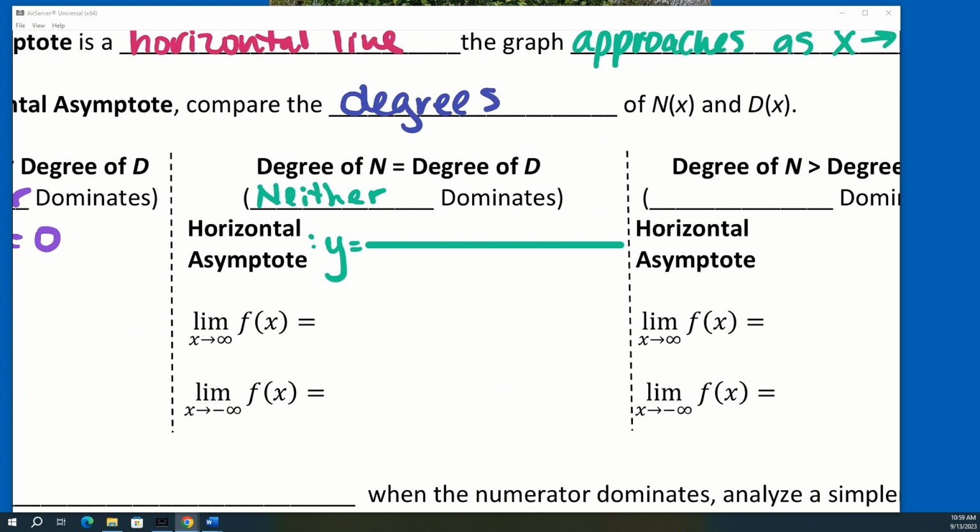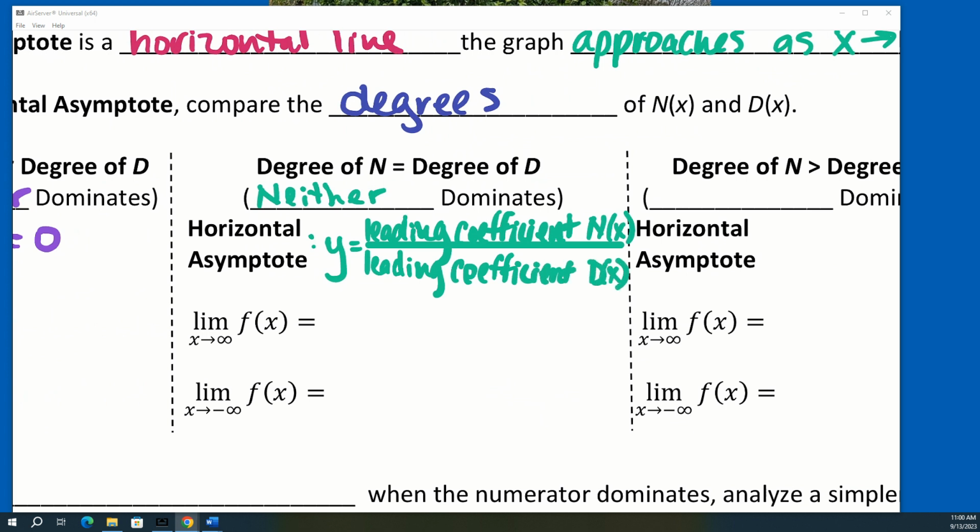And what you get for the horizontal asymptote is the leading coefficient of the numerator. So we'll do n of x. There's barely enough room to write all this on the space I gave you. Over the leading coefficient of the denominator.